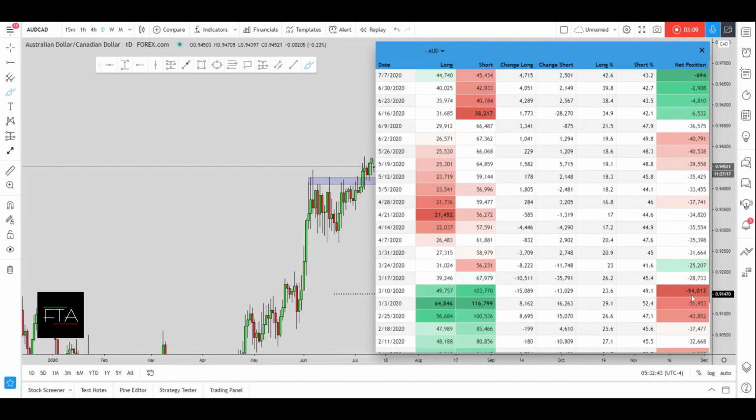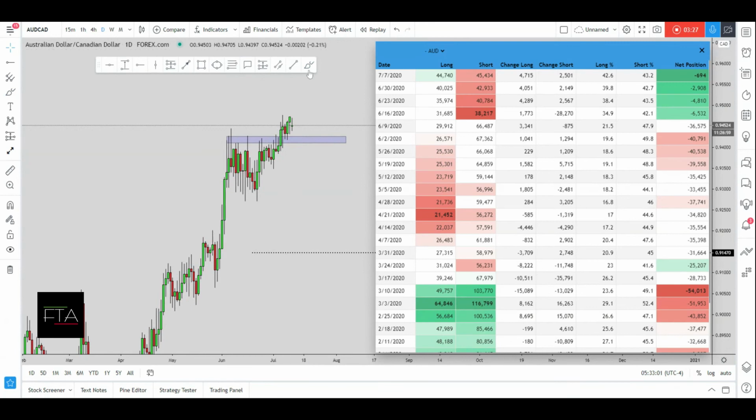So we went from having way more shorts than longs from a hedge fund perspective on the AUD, with 103K shorts and 49K longs, to a situation where we have more or less the same amount of longs and shorts, with 44K longs and 45K shorts. And we see that reflected in all AUD pairs that have been moving to the upside quite aggressively because we have seen longing from an institutional point of view.